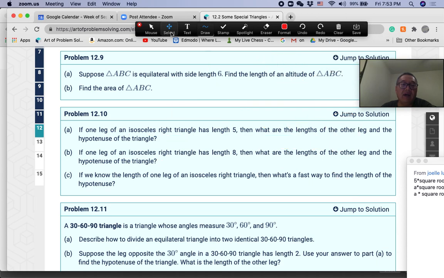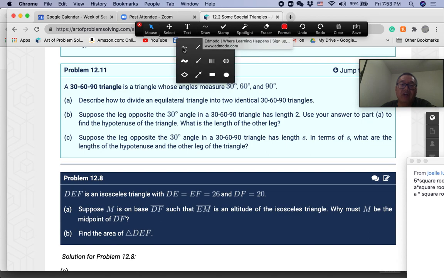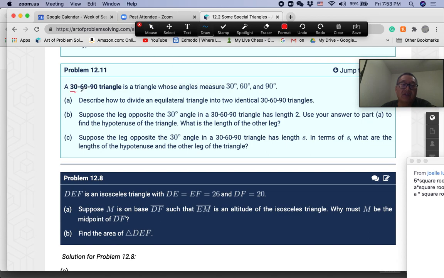Okay, now let's go to 12.11. See here, this is a special right triangle. We call it the 30-60-90 triangle. Now suppose this one is a right triangle A, B, C. This angle is 90 degrees.